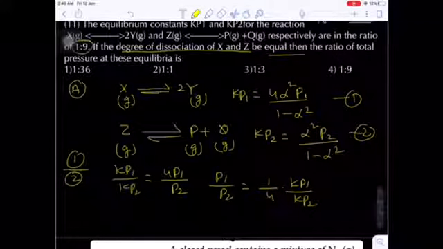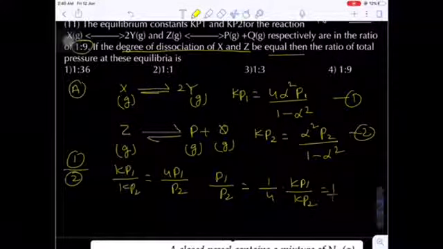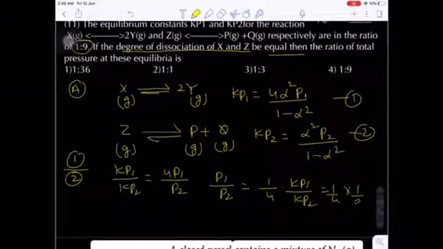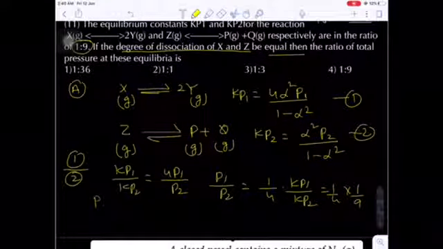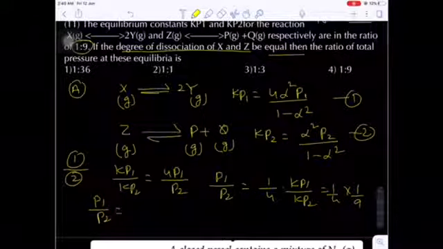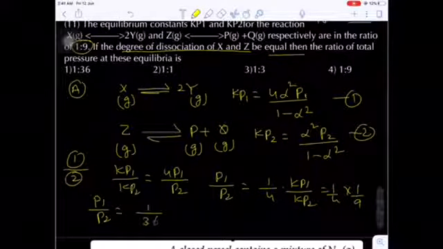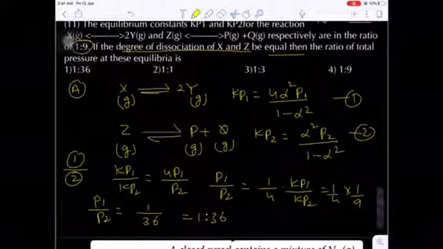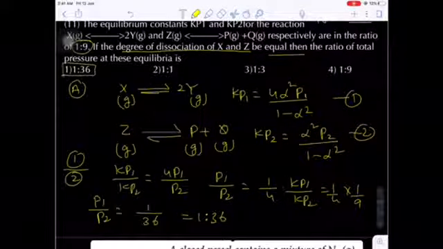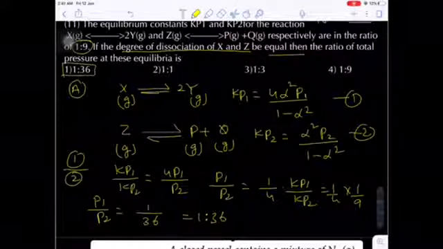The equilibrium constant ratio given to you is 1:9. So 1 by 4 into 1 by 9. So the pressure ratio will become 1 upon 36, that is 1:36.